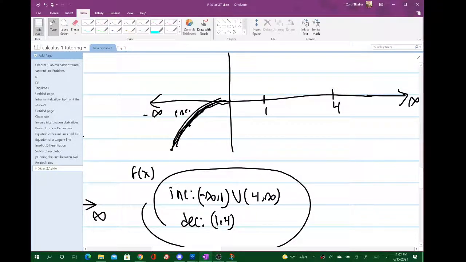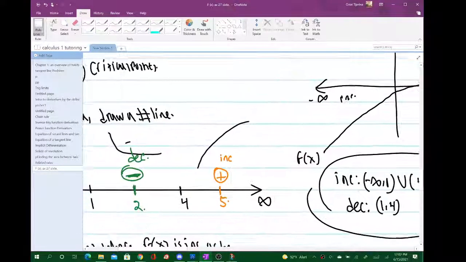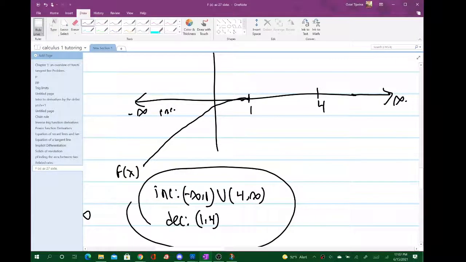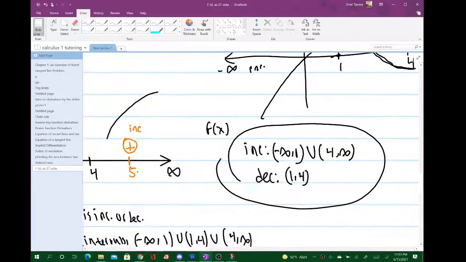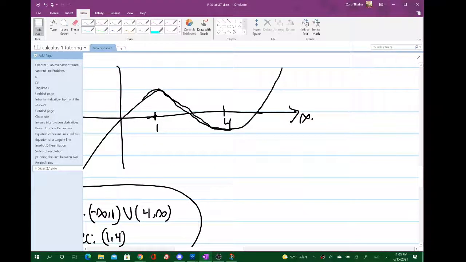So from negative infinity to 1, it'd be going like this. And then from 1 to 4, it's decreasing. And then from 4 to infinity, it is increasing again.